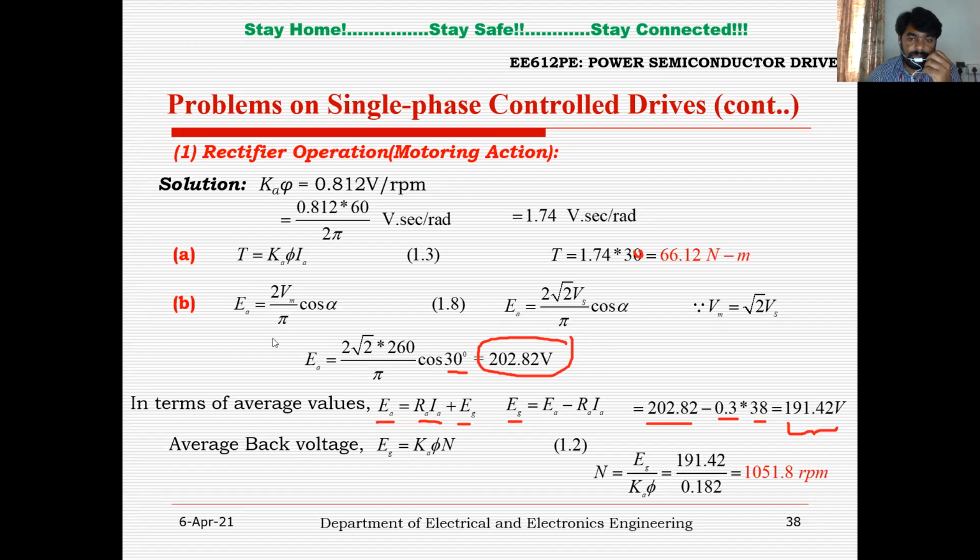And to calculate the speed, this is the expression: EG equals KFI into N. From here, I can write N equals EG by KFI. EG we just calculated as 191.42. Then KFI we know is 0.812 volts per RPM. Volt in the numerator and volt in the denominator will get cancelled, so the unit for the speed will be RPM, which is 1051.8 RPM. So this is the speed of the motor.